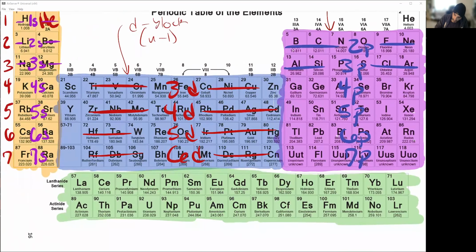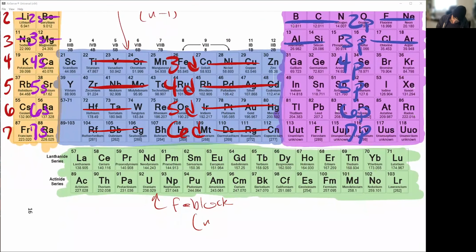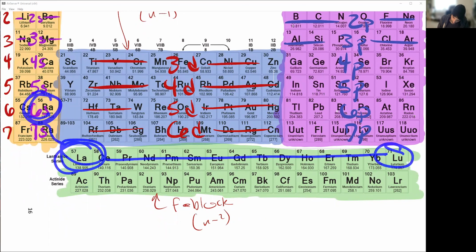Okay. And the last little bit, the one we spend the least amount of time in, this is the F block. F block is going to be n minus 2. So we have to take just a moment to recognize what the numbers out front are here. Once we finish barium, which is 56, notice that we go down here, we fill this up, and then we come back up to hafnium.